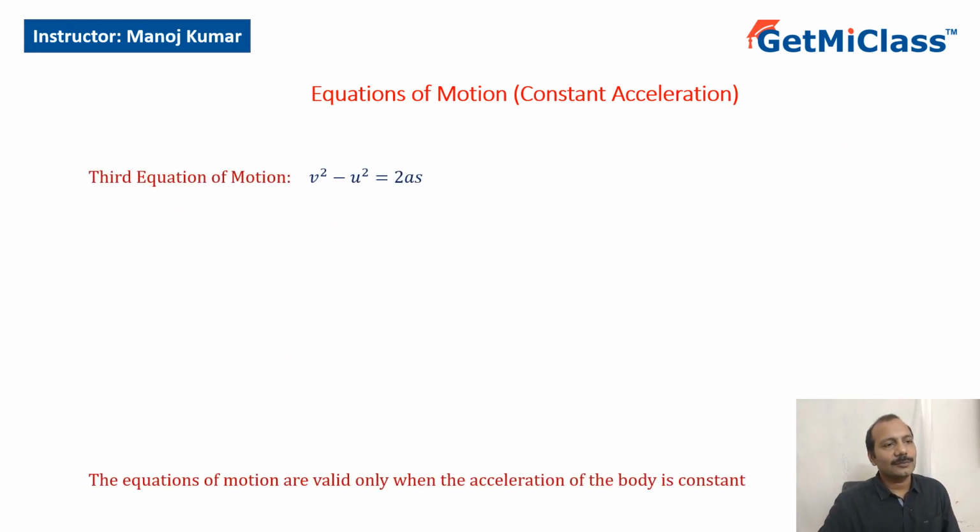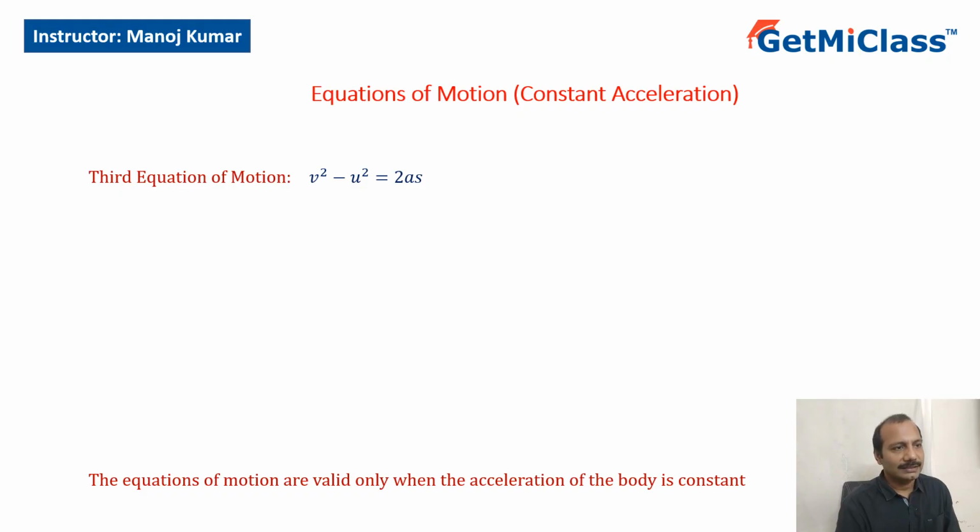The next equation of motion is V square minus U square equal to 2AS. Again, we know all the variables. Be careful, S is displacement, S is not distance. Even in this case, I can use the ratio and proportionality method, which will again simplify the calculation.